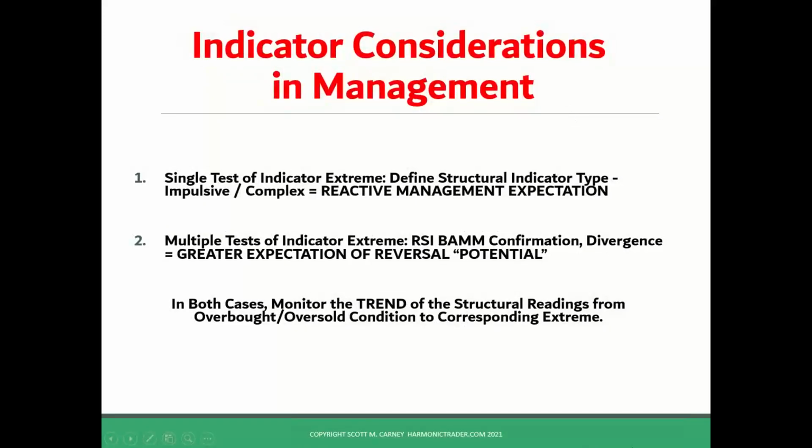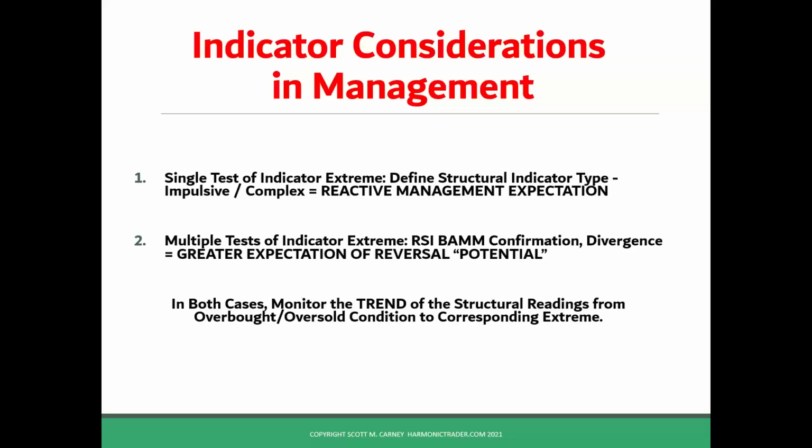So what were the expectations we mentioned yesterday? Really quick, a single test of any indicator is going to give us kind of a reactive mindset, and we'll utilize that. If we just have one impulsive indicator confirmation, maybe it gives us a reaction.